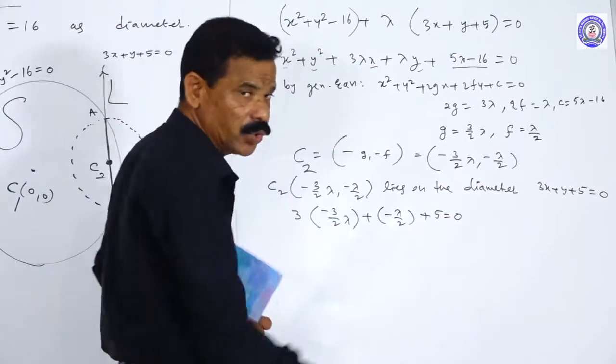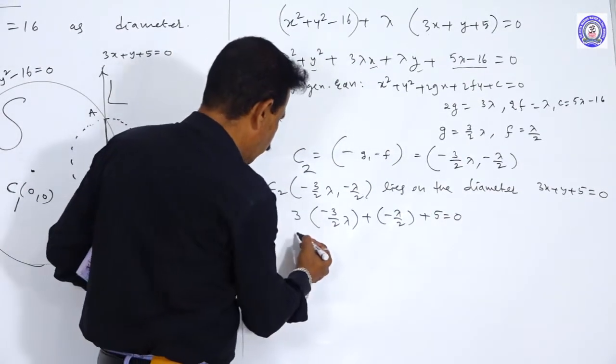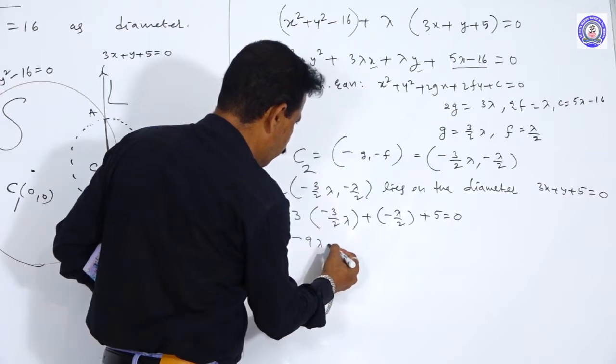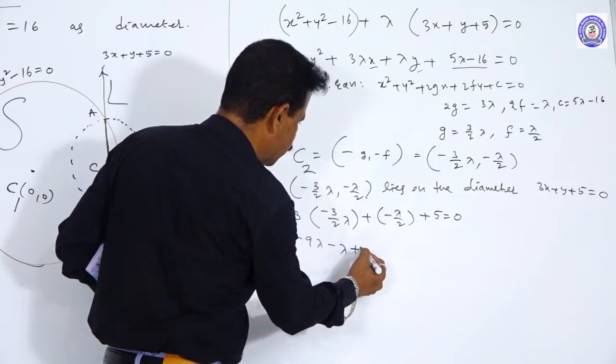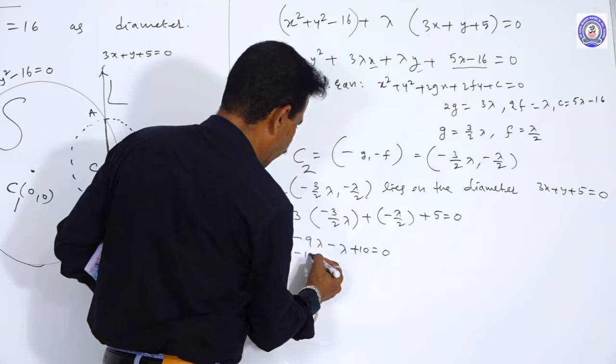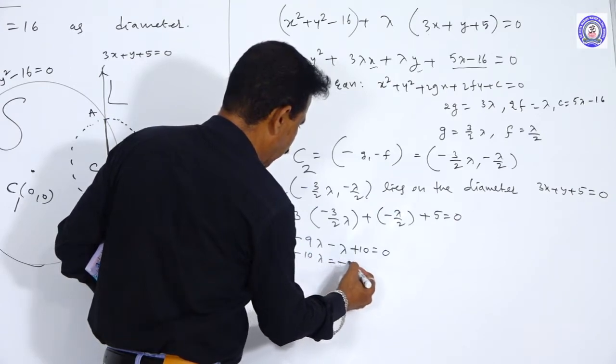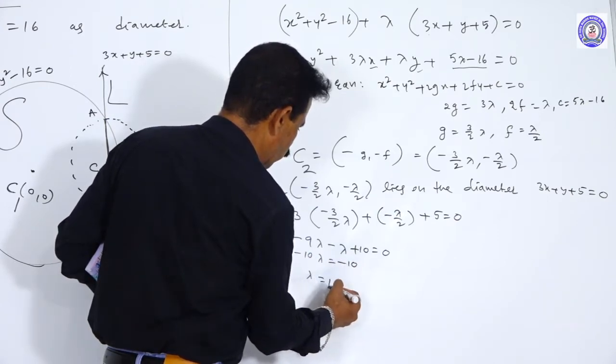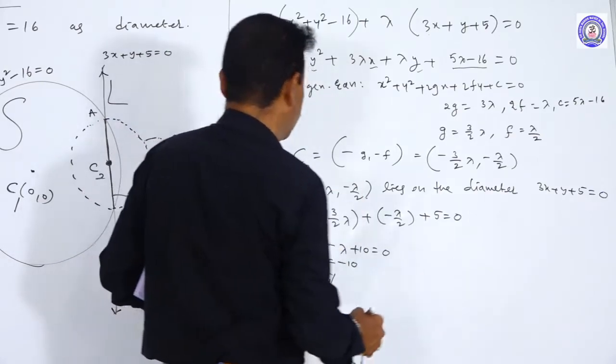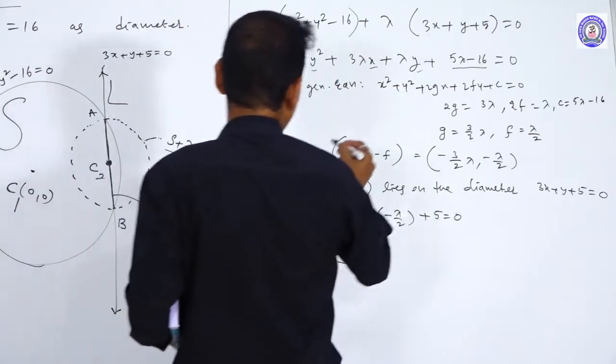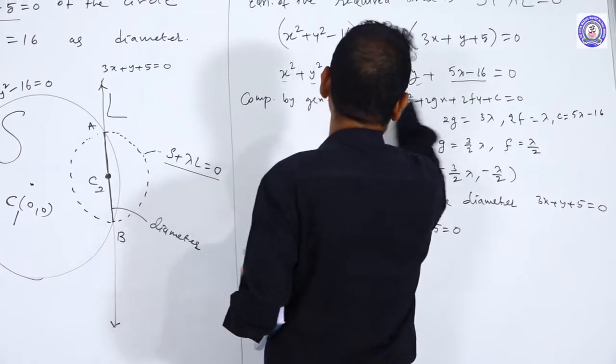Then multiply with 2, the denominator is 2: minus 9 lambda minus lambda plus 10 is equal to 0. Minus 10 lambda is equal to minus 10. From this, lambda is equal to 1. So finally, what is the required equation? This equation.